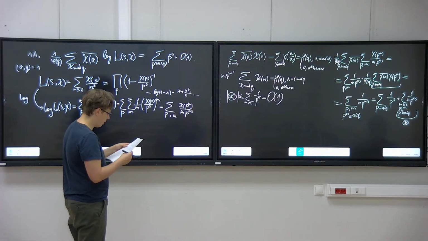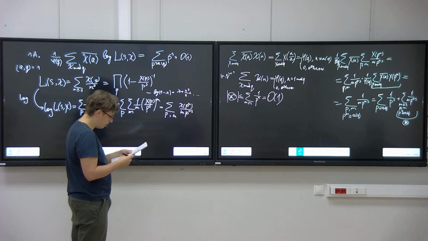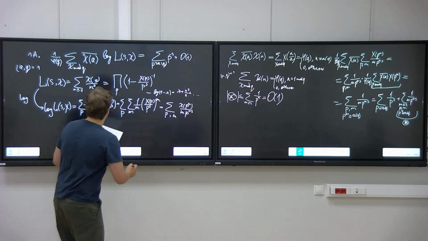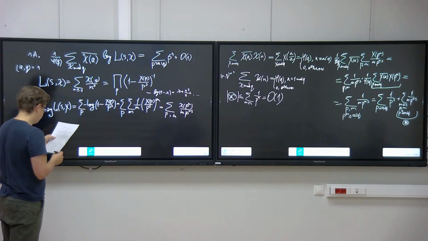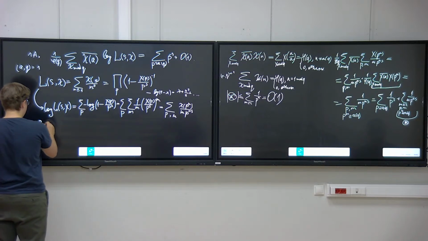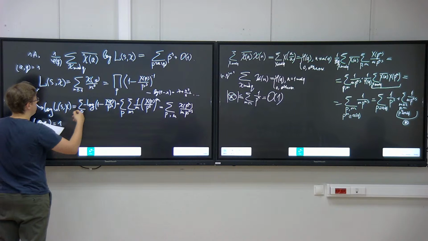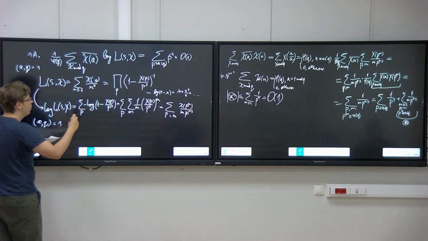And now maybe let us solve 3a. We want to prove that if A is coprime to Q, then there are infinitely many primes congruent to A modulo Q.